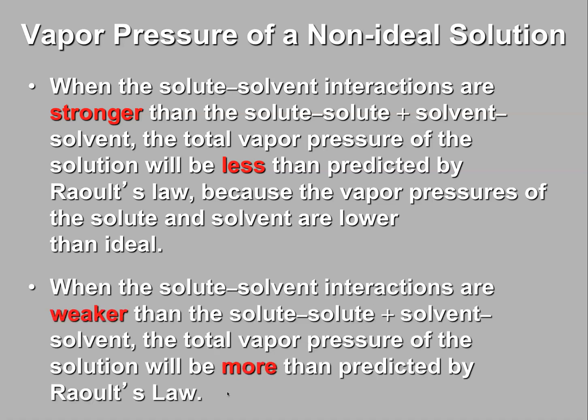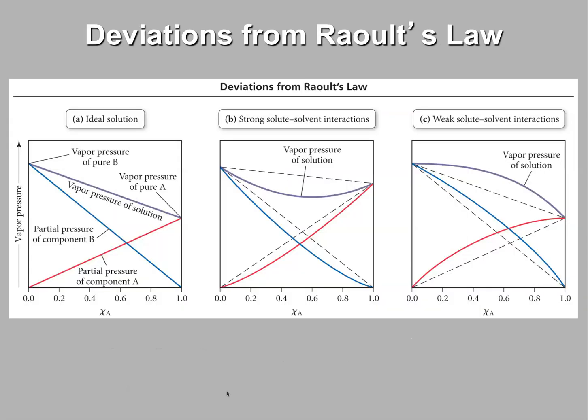And then conversely, solute-solvent interactions, when they are weaker than the individual interactions of solute and solvent, vapor pressure tends to be more, or positive deviation, than predicted by Raoult's law. Which brings us to our lovely picture.